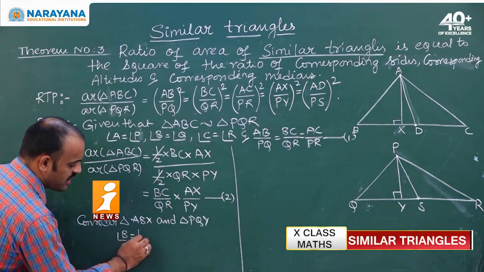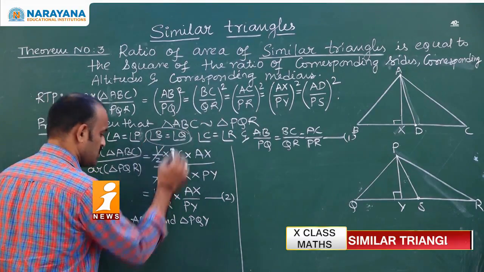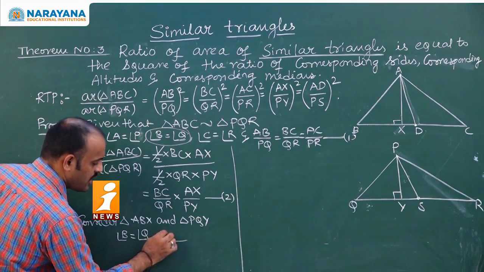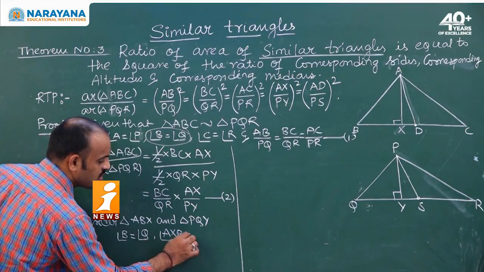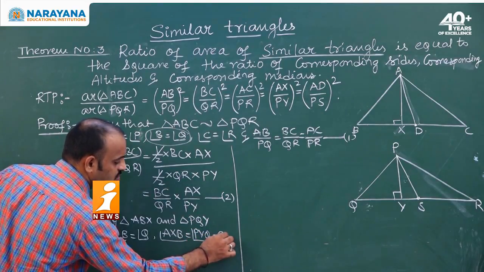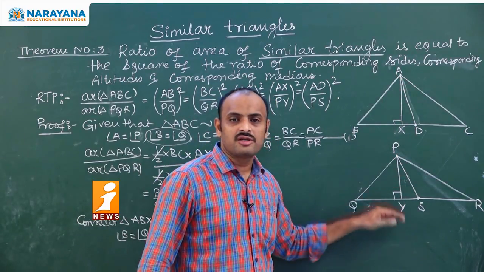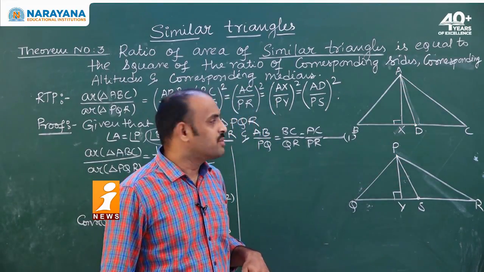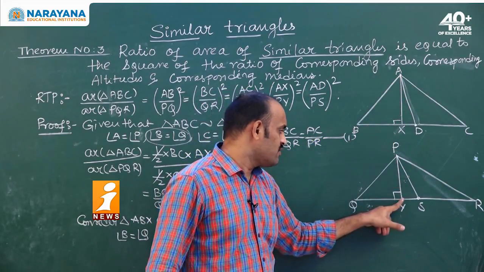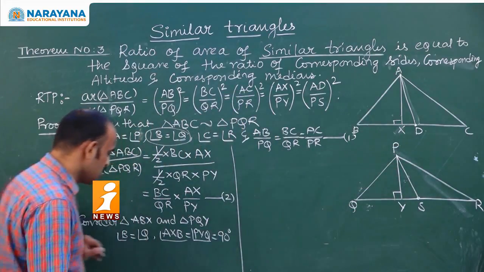Angle B is equal to angle Q, already we know that. Angle AXB is equal to angle PYQ is equal to 90 degrees. As AX and PY are altitudes, they make 90 degrees with the base.